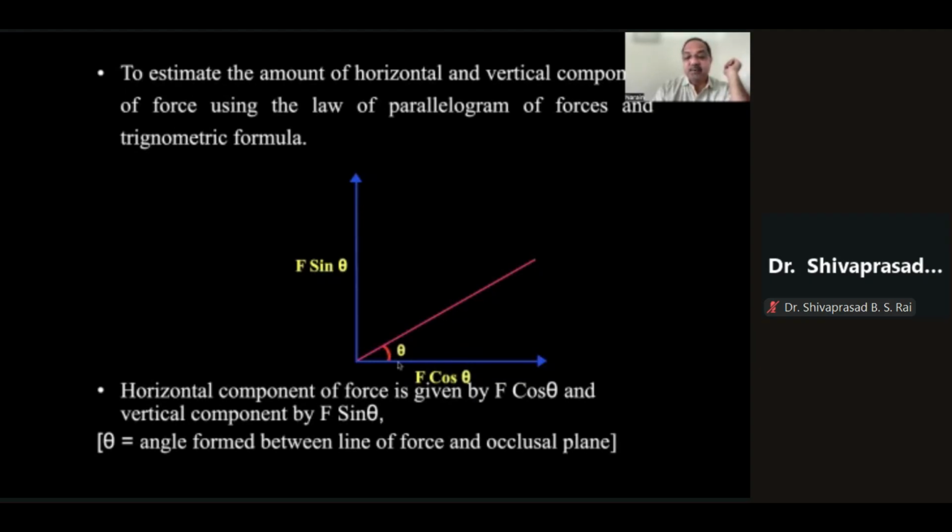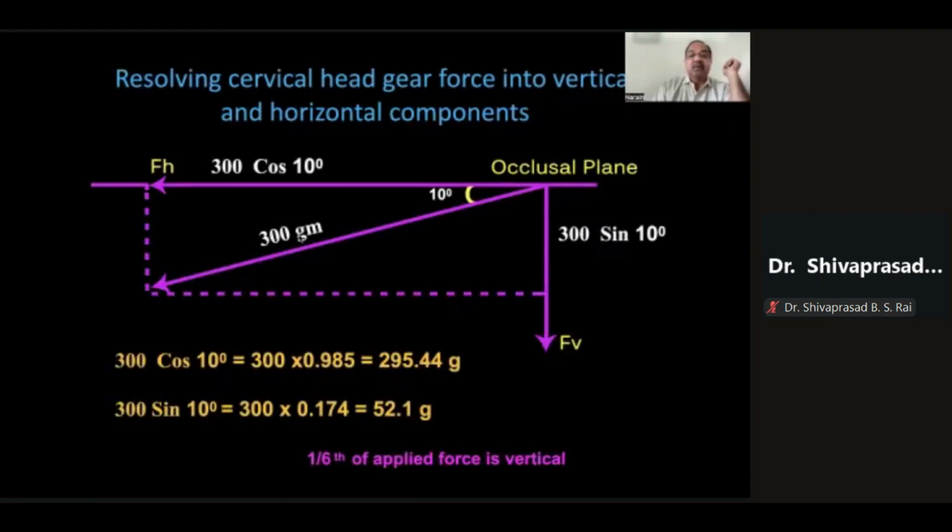So you use F cos theta for the horizontal component and F sin theta for the vertical component. Now, let us say you are giving a cervical pull headgear, and this is the occlusal plane. The force vector and the occlusal plane form an angle of 10 degrees.